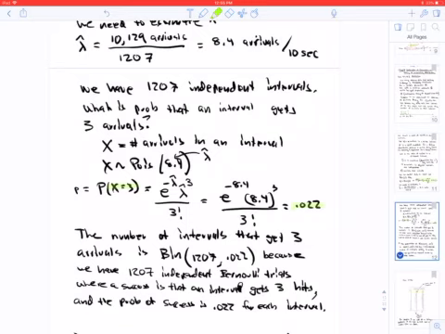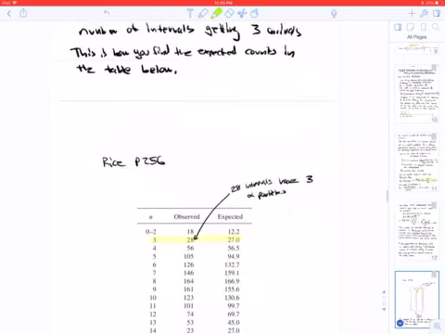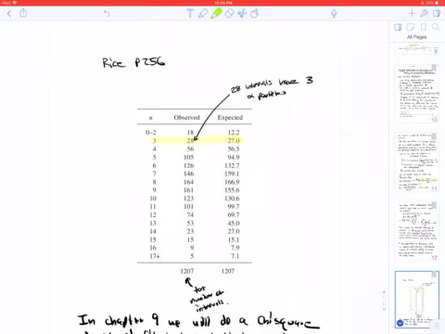So the number of intervals that you would expect having 3 hits is binomial. We have this many intervals, and this is the probability for success, right?